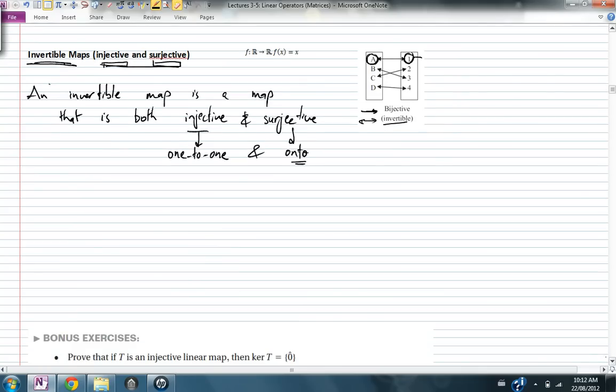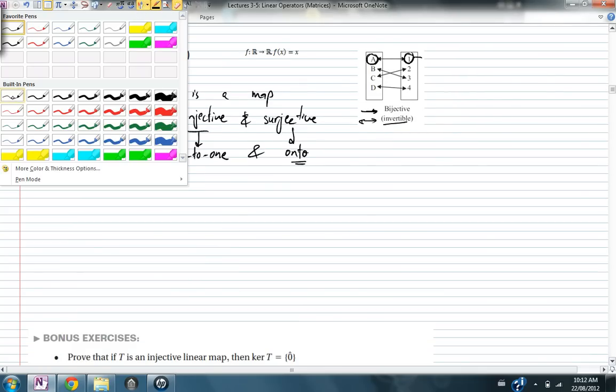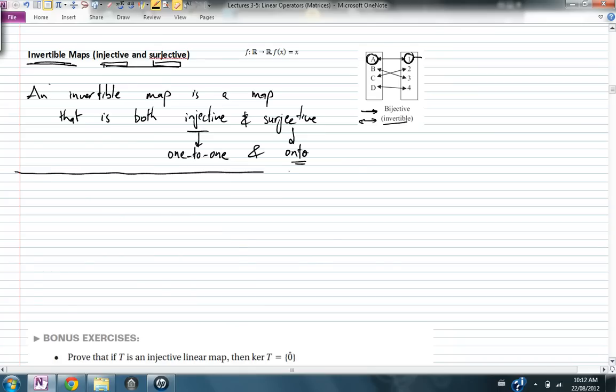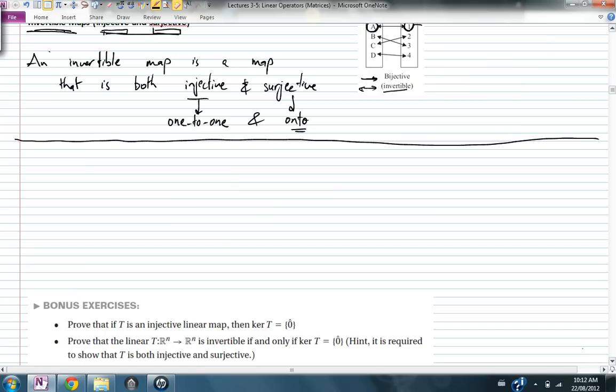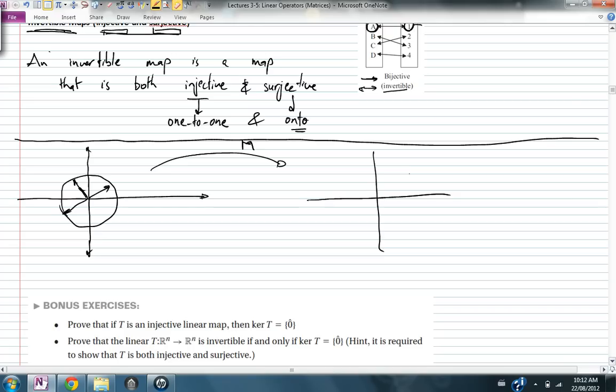So how does this apply to matrices? I'm not going to prove any of the arguments that follow, but an invertible matrix is a matrix whose non-zero vectors always have a non-zero image.